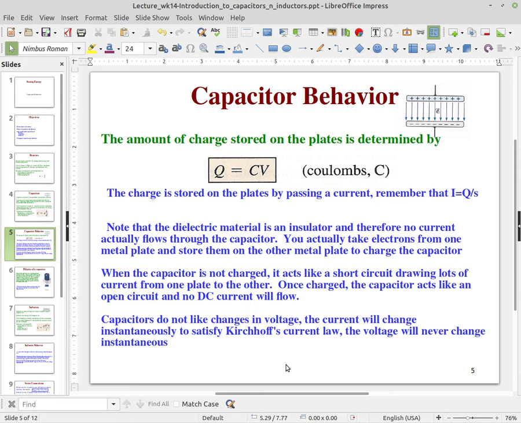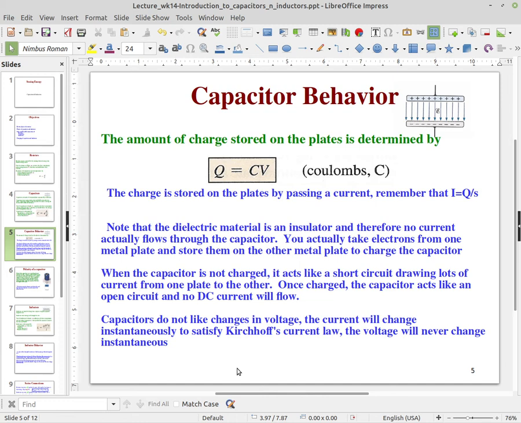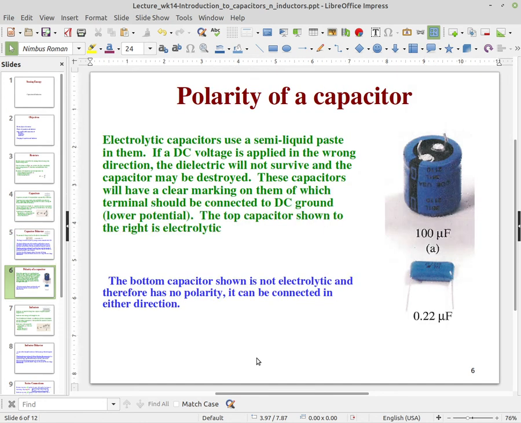But with a capacitor, we don't actually have any resistance, and so Ohm's law doesn't quite apply to the capacitor. But Kirchhoff's voltage and current laws are always going to have to apply inside of a circuit.